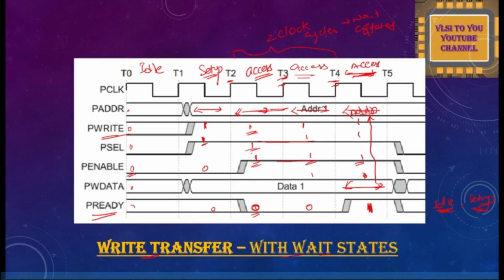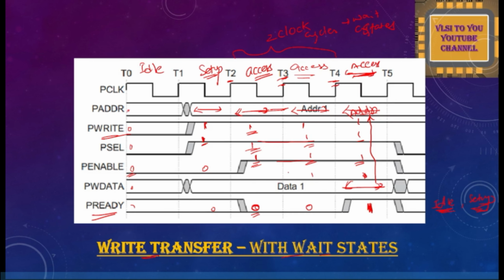If any of these values are changed, what happens? This may lead to the loss of your data. The transaction will be lost, so you may lose some amount of data while transferring.